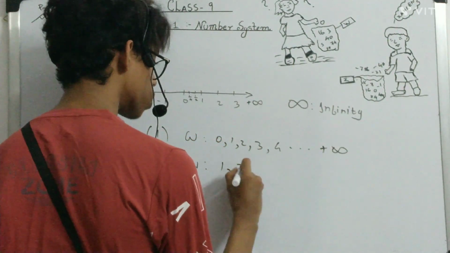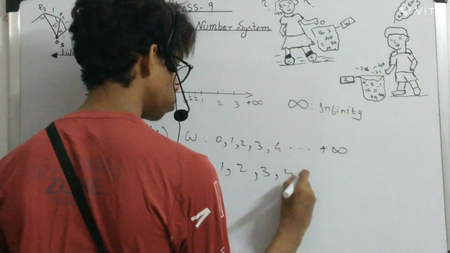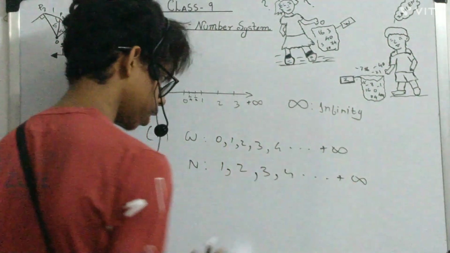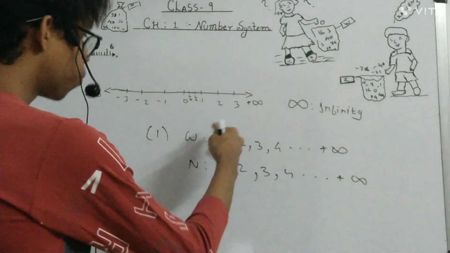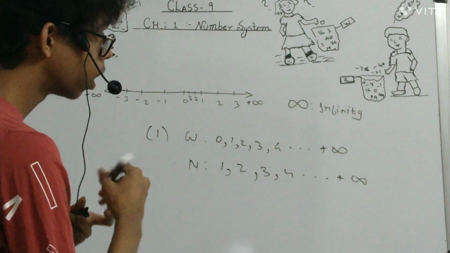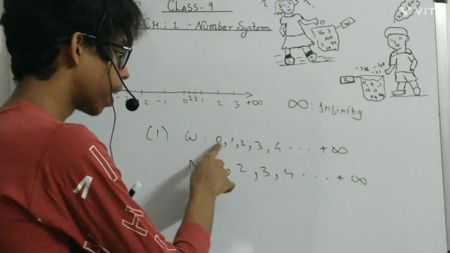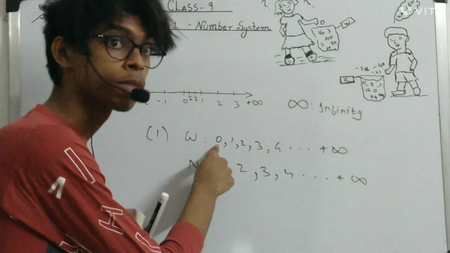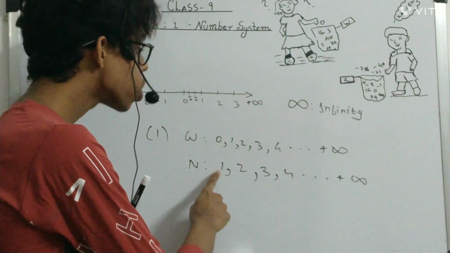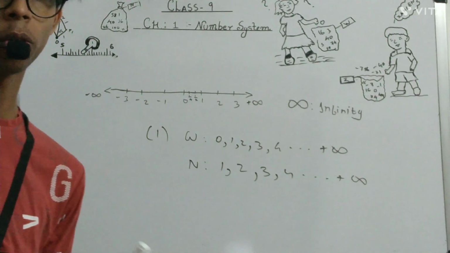And natural numbers include 1, 2, 3, 4 up till positive infinity. So, is every whole number a natural number? No. Why? Because whole numbers consist of 0, but natural numbers do not contain 0.